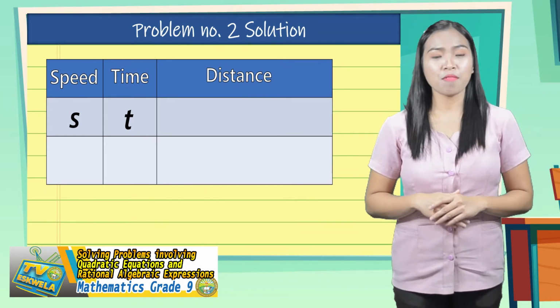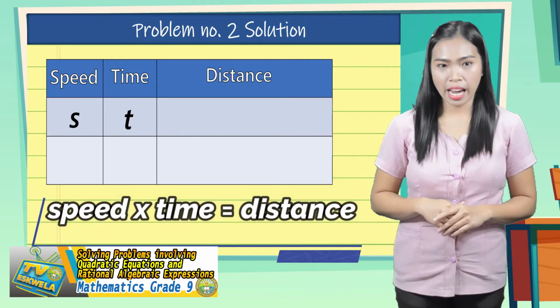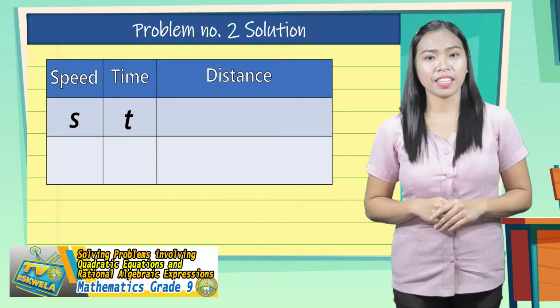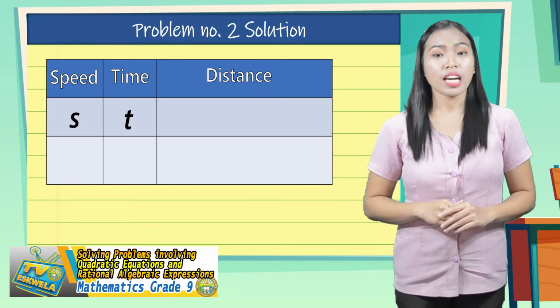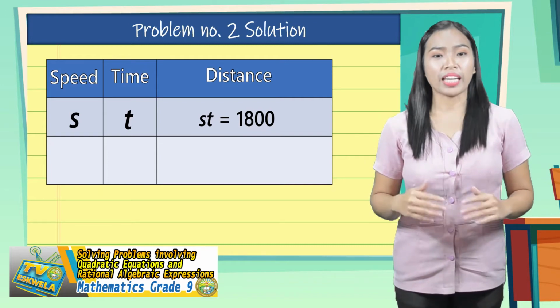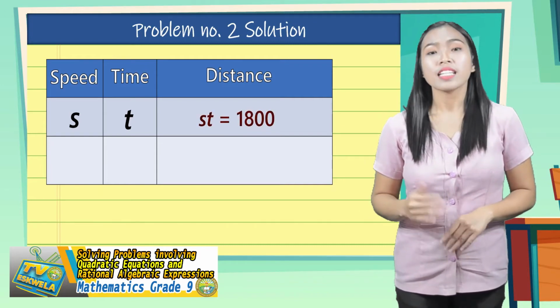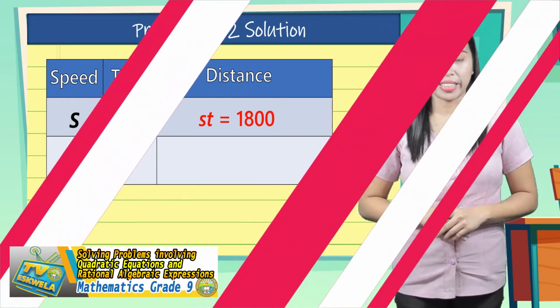The formula for a distance is speed times time, and it is stated in the problem that the distance the bus travels is 1,800 kilometers. That is why S times T equals 1,800.